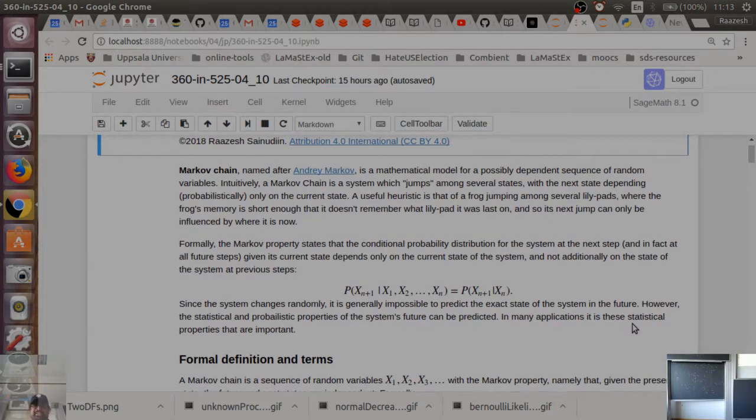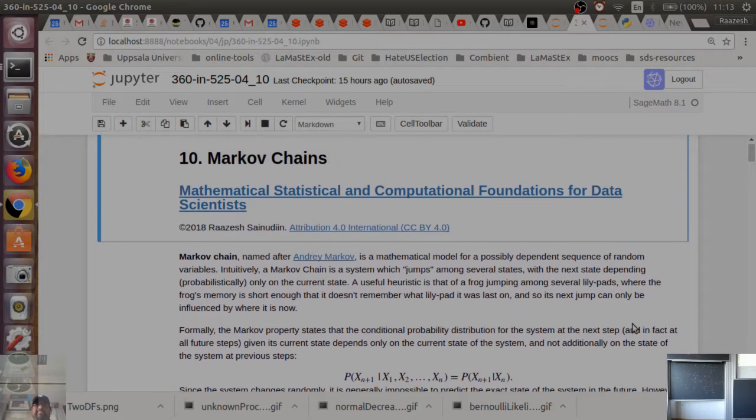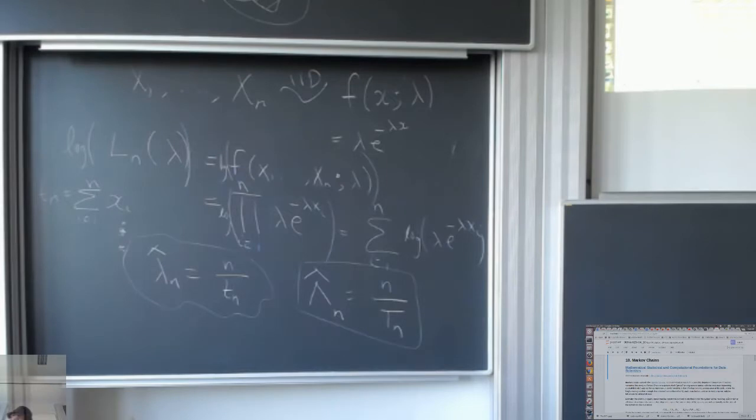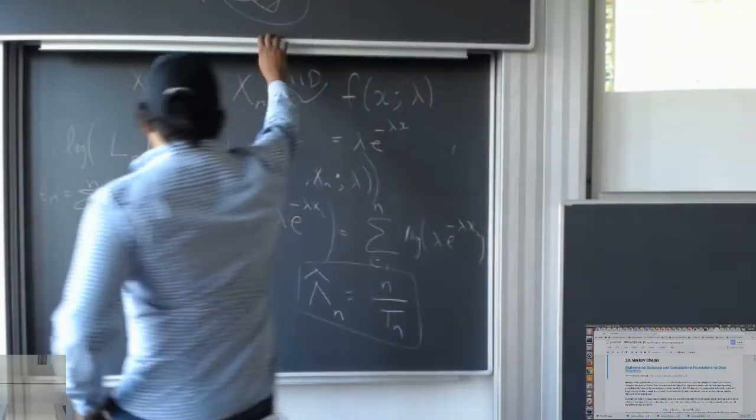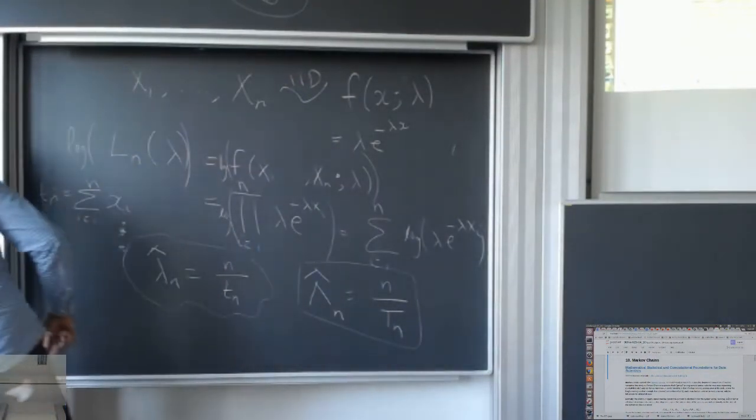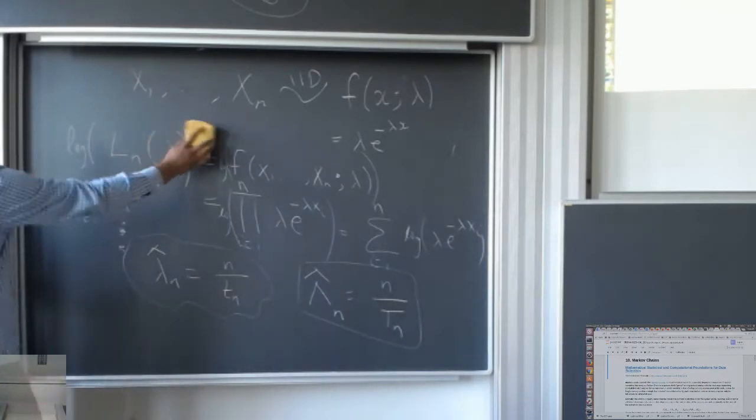Maybe it's a bot. Okay, Markov chain is a very, very important concept. What is different about Markov chains is that so far what we've seen is mostly independent random variables, right?